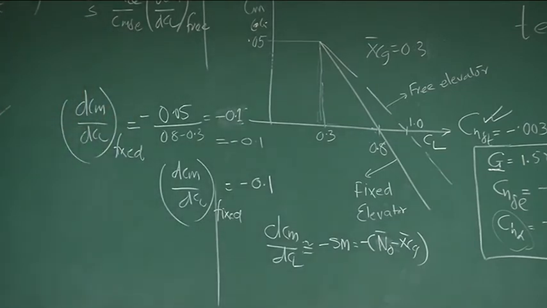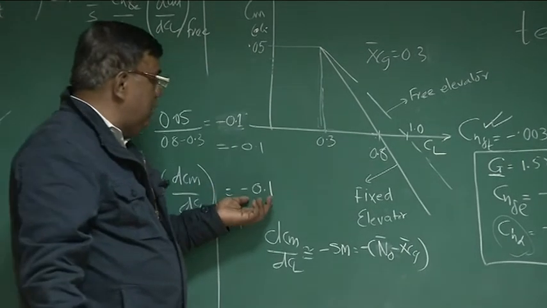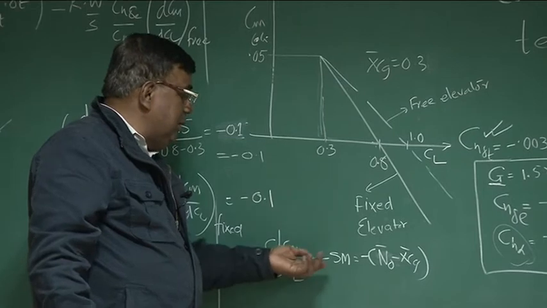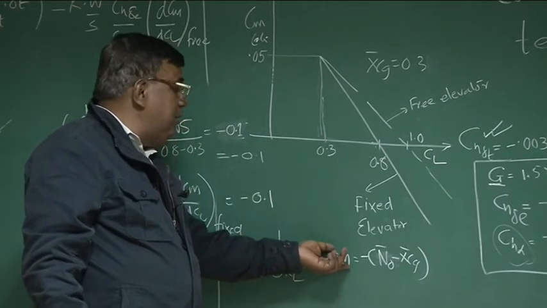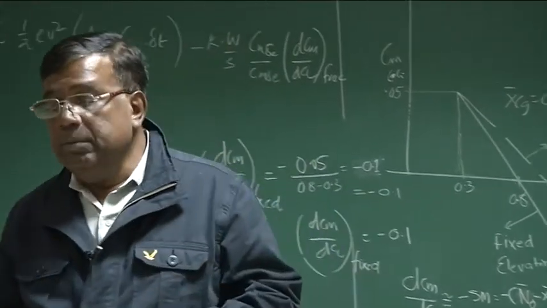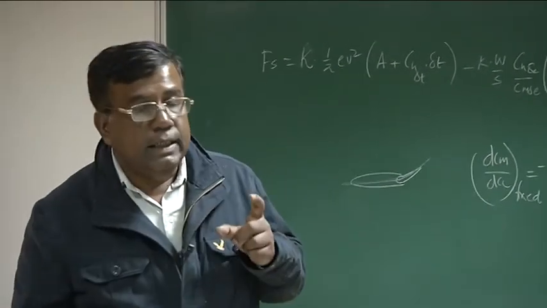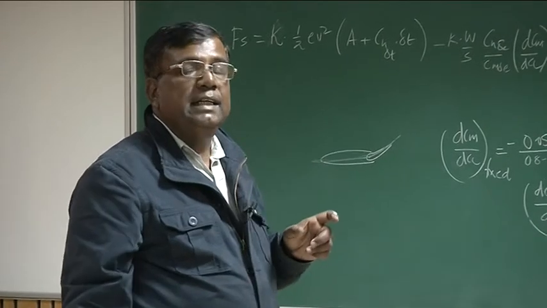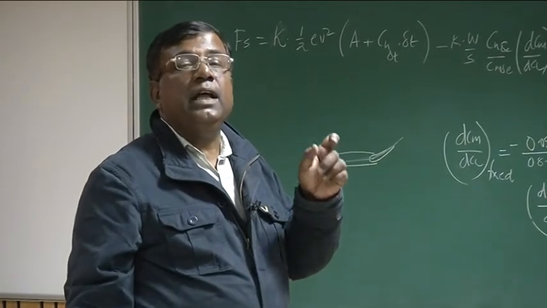Correct? So dCm by dCl fixed is minus 0.1 means dCm by dCl is nothing but minus static margin. So static margin is 10%. 10% of what? 10% of the chord. That means the distance between the stick fixed neutral point and CG is 10% of the mean aerodynamic chord.